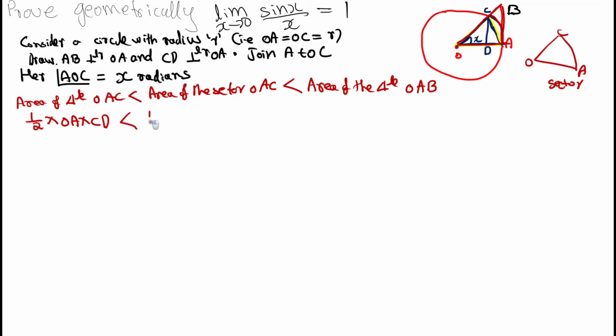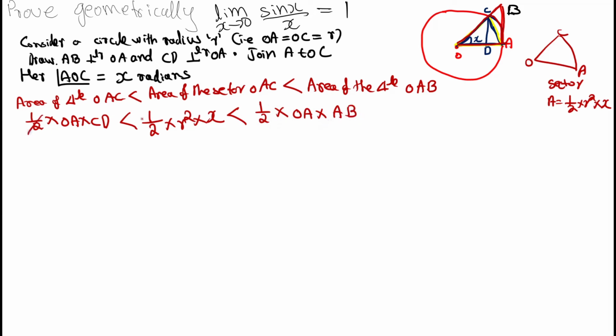Area of the sector formula is half into R square into x. This formula you need to remember. Area of the sector is equal to half into radius square into the angle bounded by the radii, which is less than area of the triangle OAB, that is half into base OA into height AB.